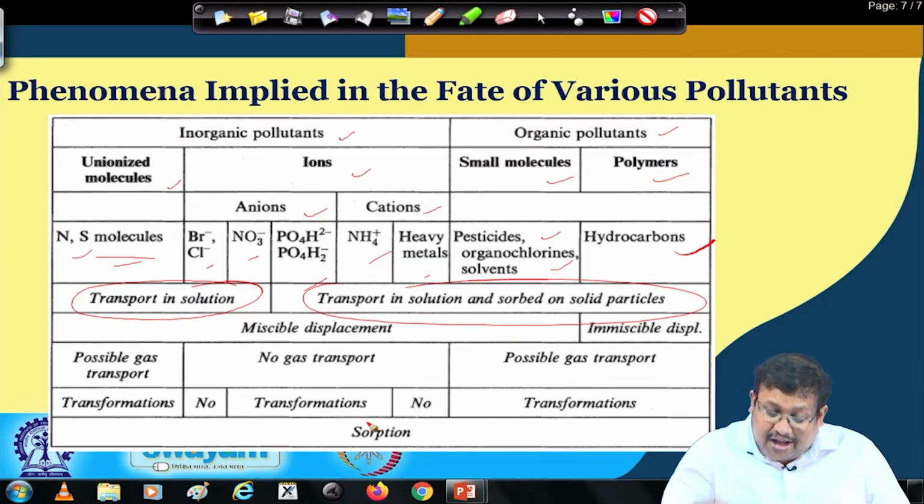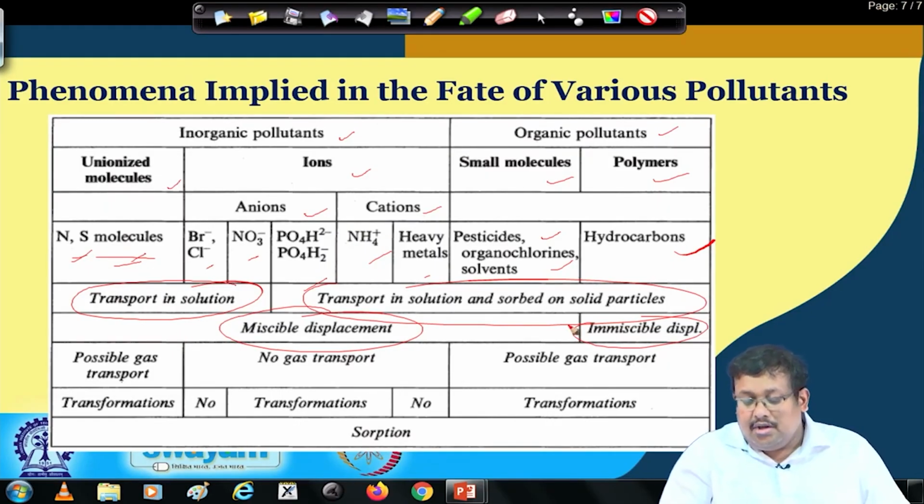Now, in the further stratification we can see there are miscible displacement and immiscible displacement. Among the miscible displacement we encompass nitrogen and sulfur molecules, all these different ions, cations and anions, and also pesticides, organochlorines and solvents.